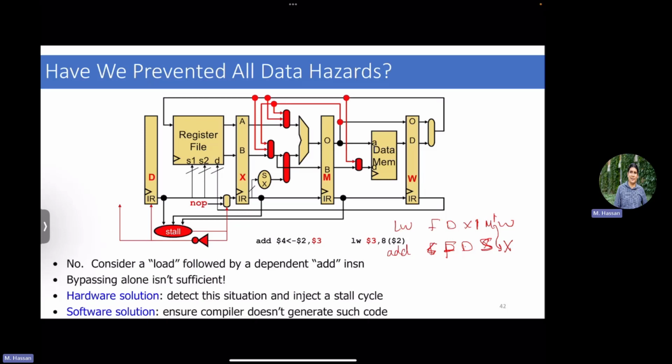But now we need at least to stall one cycle. This is called a load use dependency. A load use dependency is one of the known problems in architectures that people up to the moment still really try to find solutions to completely hide, right? People don't even want that extra cycle. So it's called a load use dependency, and you have to wait for it.